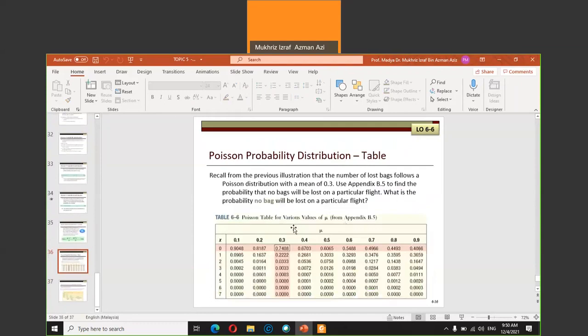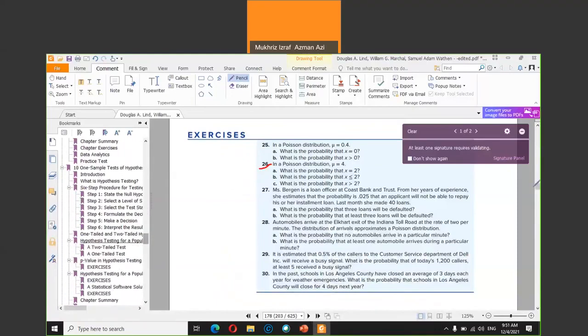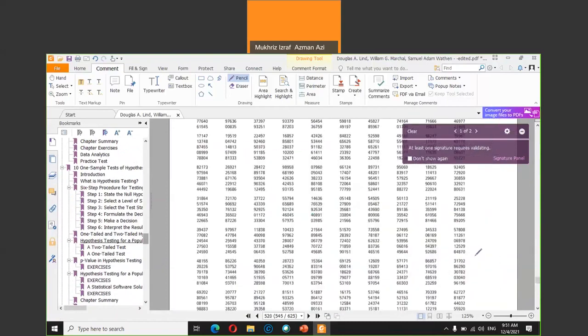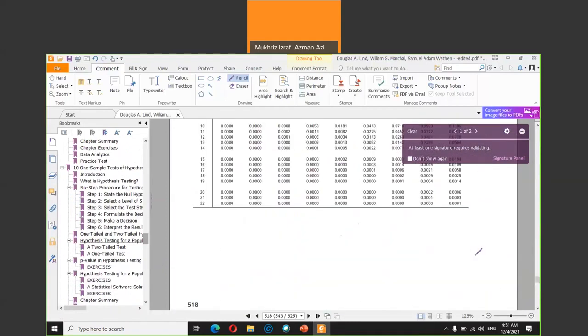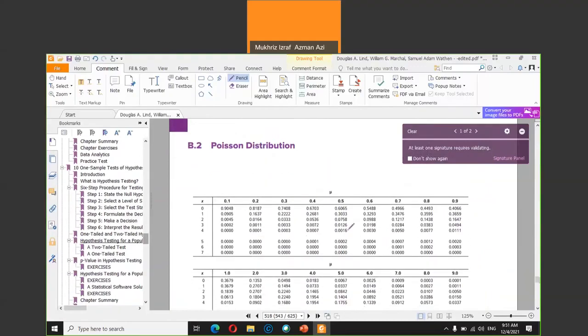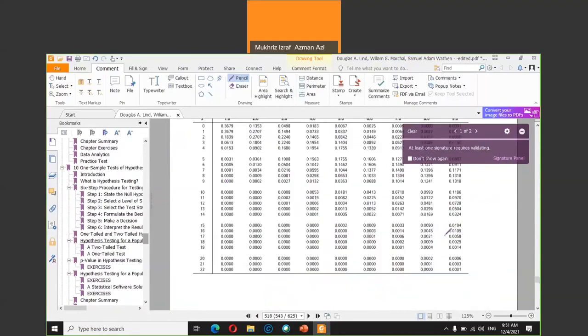Before that, just like binomial, you can also refer to the table in your textbook. That one will be on page 518, if I'm not mistaken. On 518, you're going to have the Poisson table. This part here refers to the mean value or the mu, starting from 0.1 until the highest value of 9.0.